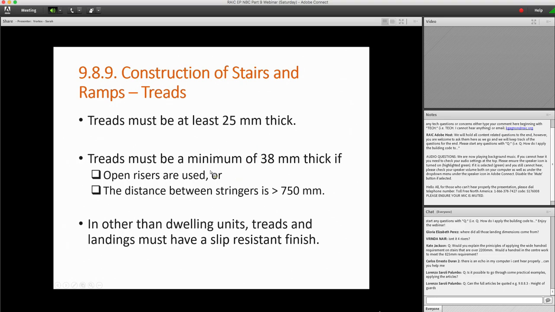Treads must be at least 25 millimeters thick, or 38 millimeters thick where open risers are used, or the distance between stringers is greater than 750 millimeters. In other than dwelling units, treads and landings must have a slip-resistant finish.